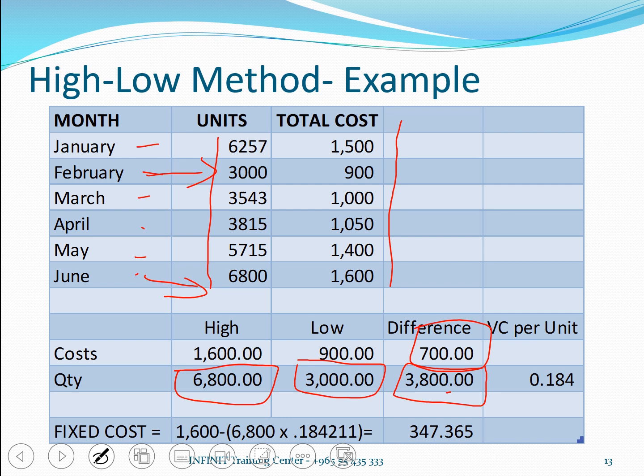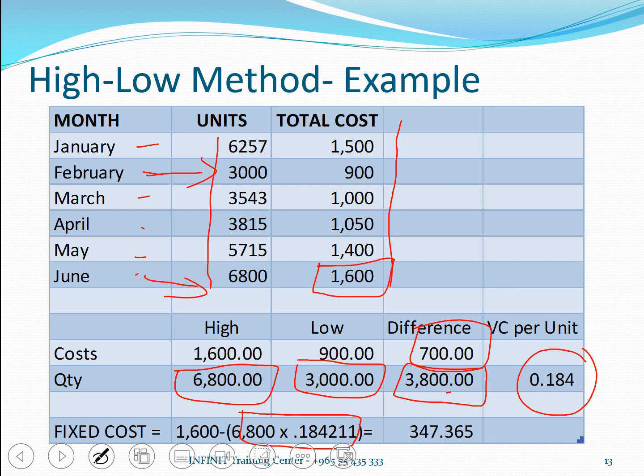So 700 divided by 3,800, we will get per unit variable cost is 0.184. Correct? So this is the per unit variable cost. Now what we will do, we'll take this 6,800, multiply that with 0.184, so we will get the total variable cost.